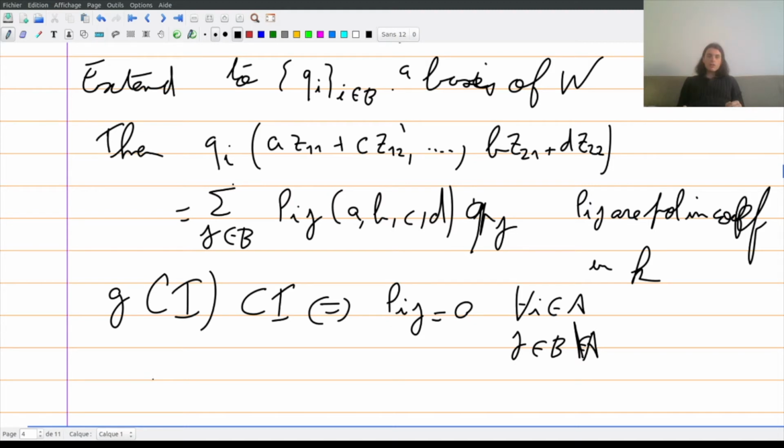So you start to see that you have a structure of algebraic group. So from now on, the equations are defined over K and not C, but we'll see in two seconds that it will not be a problem because the Qi are defined over C. So let me write.